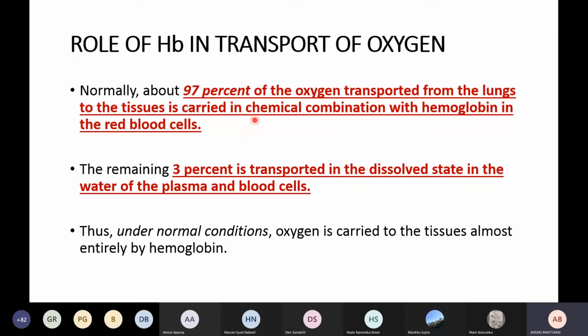Hemoglobin, as you all must be knowing, is present in red blood cells, right? And the remaining 3% is transported in dissolved state. So under normal conditions, oxygen is carried to the tissues almost entirely by hemoglobin.